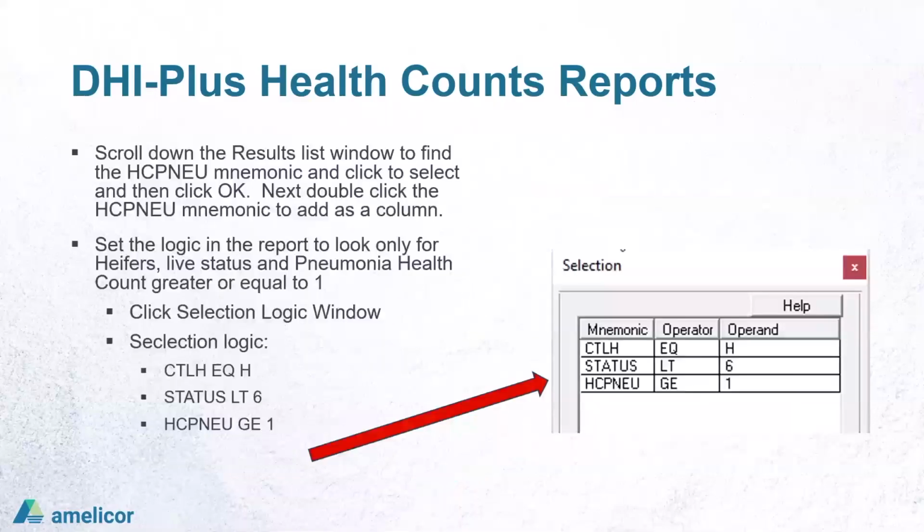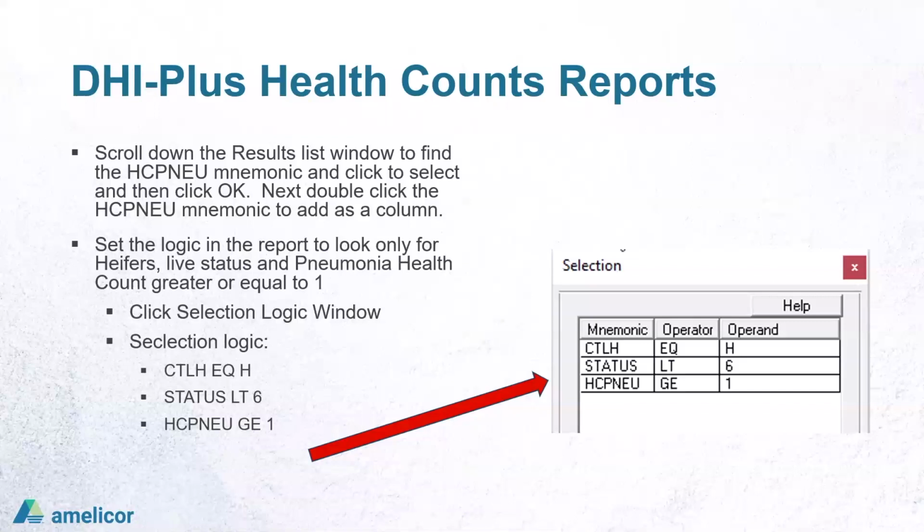The next thing you'll need to do is set up the selection logic for the report to know how to find the animals. In this case, we're going to scroll down until we find the health count pneumonia mnemonic, and that's HCPNEU.